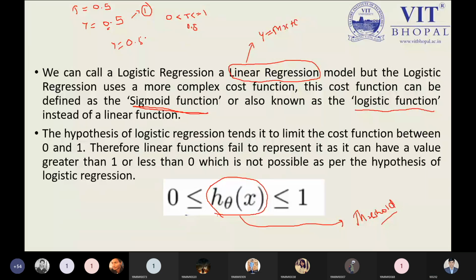Maybe we get the value 0.5432. Suppose we are getting this value; it will definitely be more than 0.5, greater than the threshold we decided, so definitely we will put it into 1.